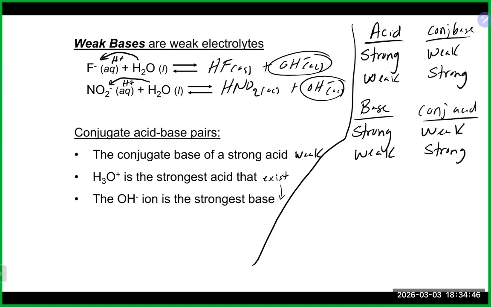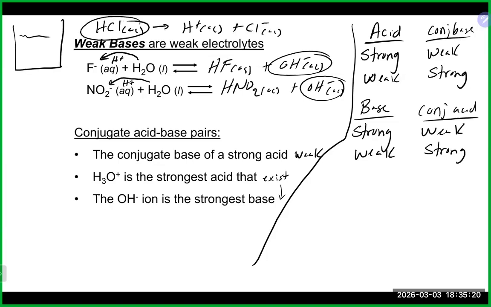Now, what do we mean by weak and strong? We're going to talk more about this, obviously, in this chapter. But just to preview, what we're talking about is if you create a conjugate base that came from a strong acid, as it's floating around in that solution, it is actually going to be relatively neutral. It's not going to really continue to react. So, for example, if you had a beaker of hydrochloric acid, which obviously is a strong acid, it would break apart into H plus and Cl minus.